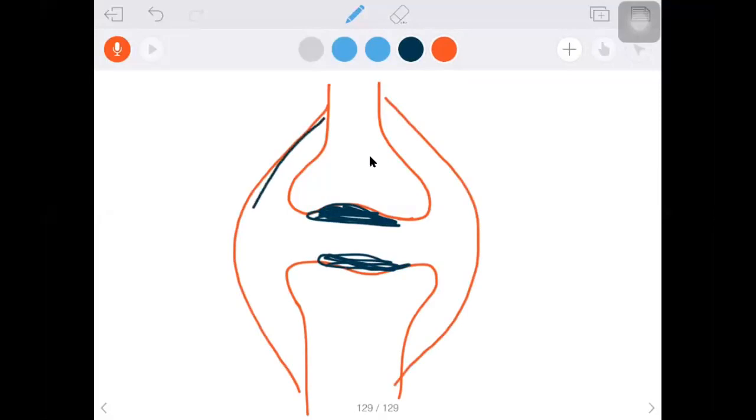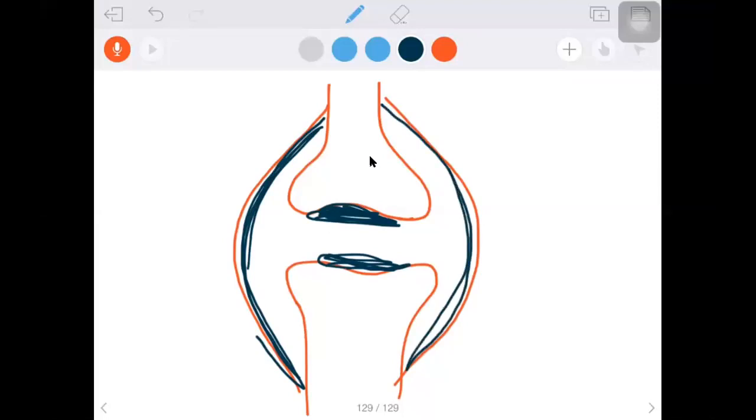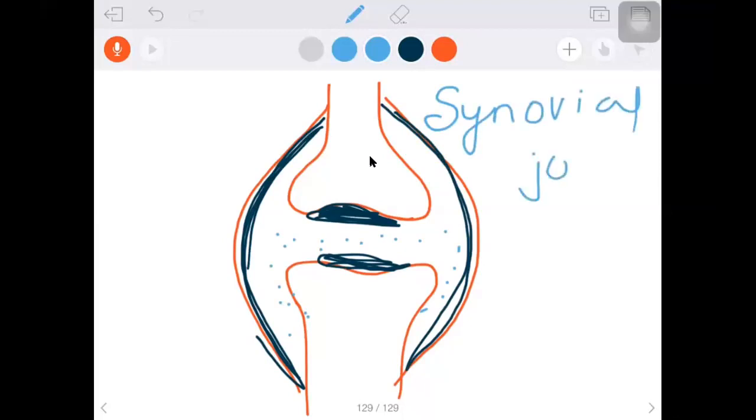The inner lining is the synovial membrane, which secretes the synovial fluid we mentioned yesterday. This is a basic synovial joint. Now let's talk about the different kinds of joints here.